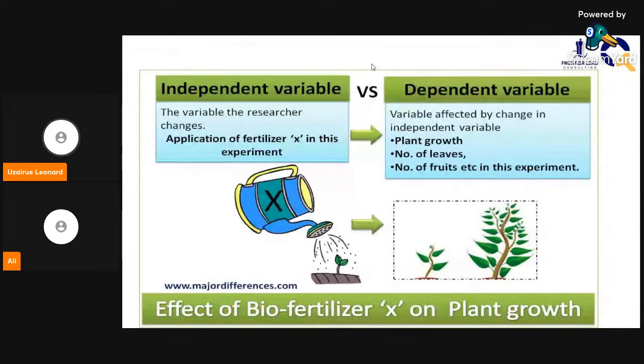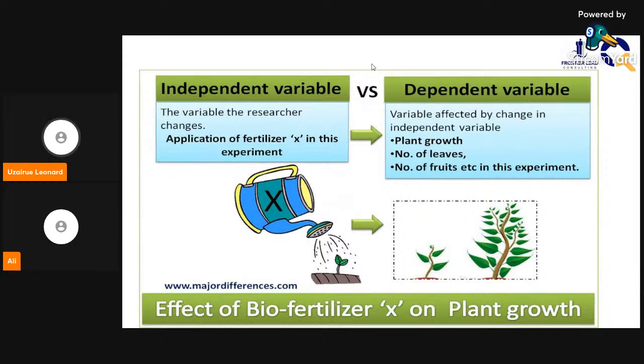So I want to use this as an example to illustrate so that the message will be better understood. Here, we are looking at fertilizer.